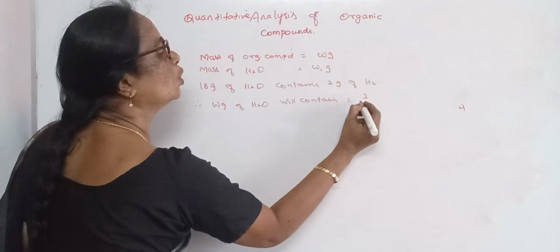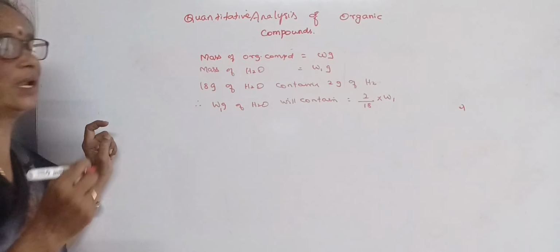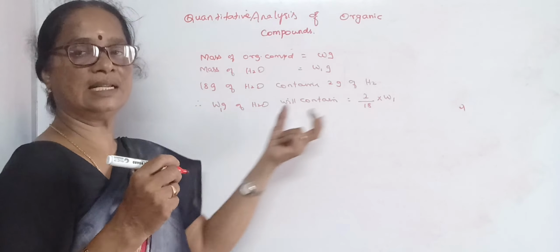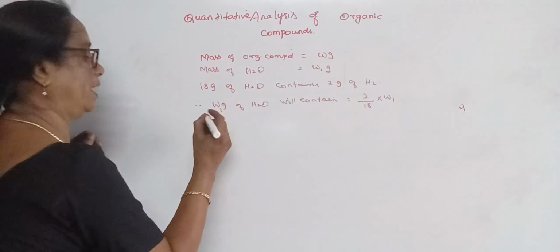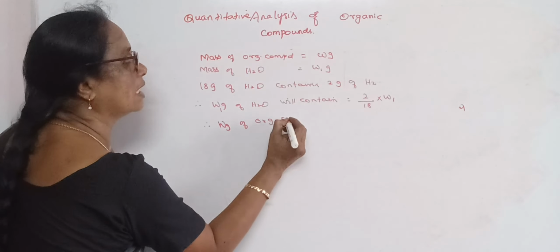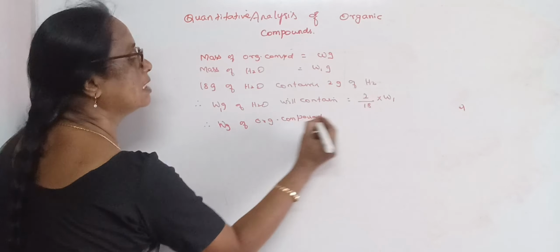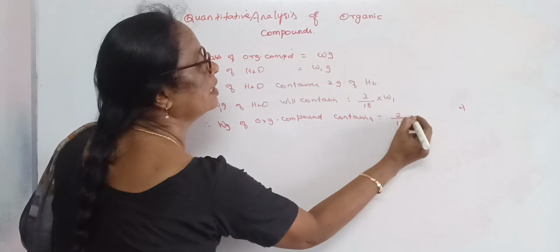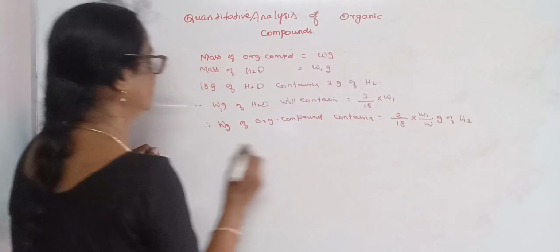We can write 2 by 18 into W1 gram. And the whole mass of hydrogen is obtained from only the W gram of organic compound. So we can say, therefore, W gram of organic compound contains 2 by 18 into W1 by W gram of hydrogen.